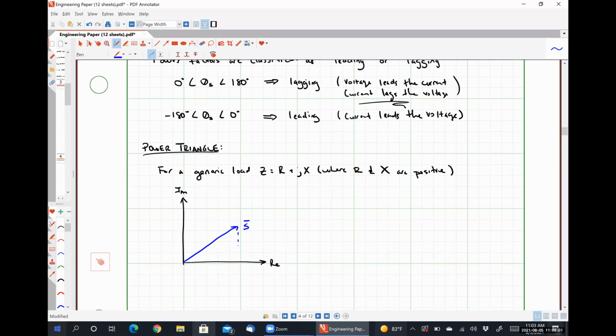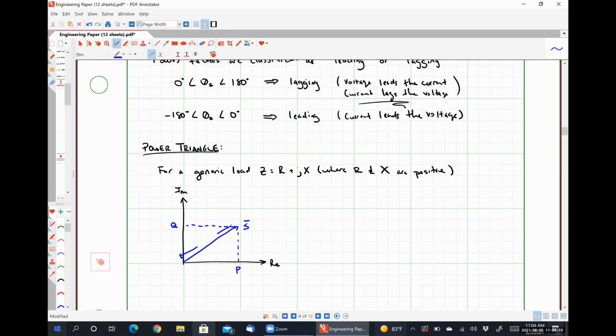The projection of S onto the real axis is our average power. The projection of S onto our imaginary axis is our reactive power.